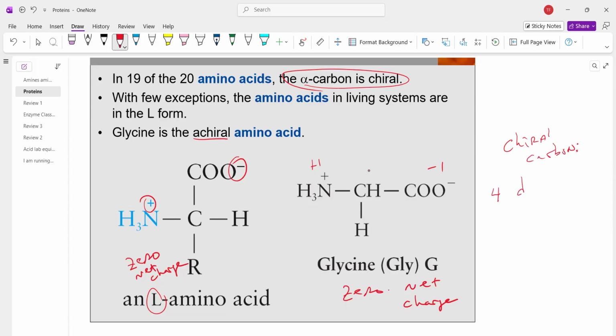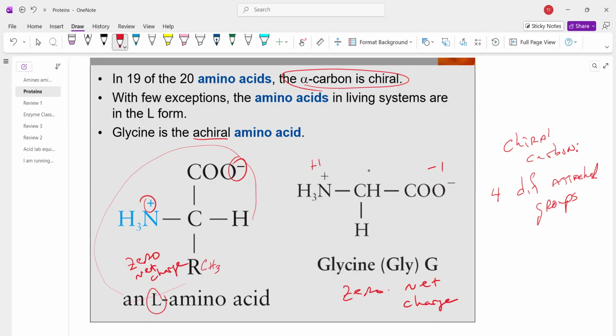have four different attached groups. For example, let's say this R here was a methyl group.